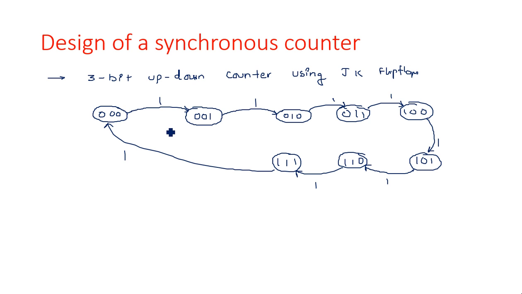It is when mode is equal to 0. If the present state is 000, then the count will be 111. So if mode is equal to 0 like this, this is down counting. This happens when mode is equal to 0. We are setting the mode pin like that. So we need a logic circuitry for this mode.